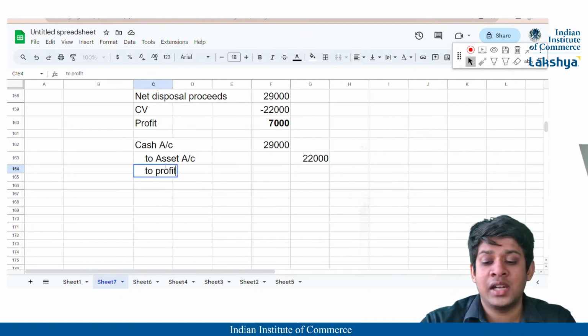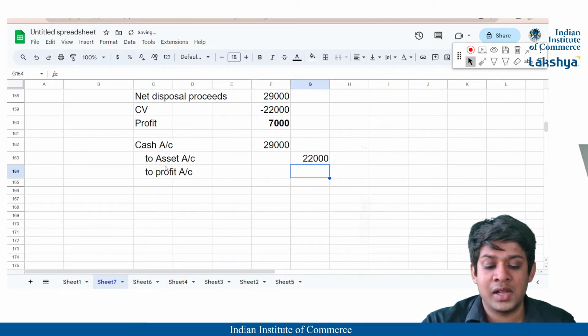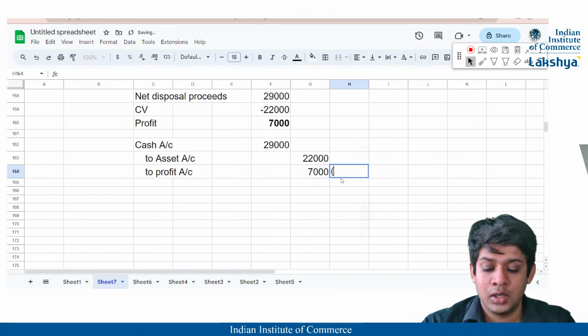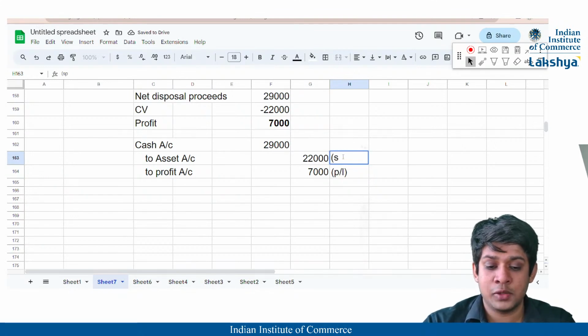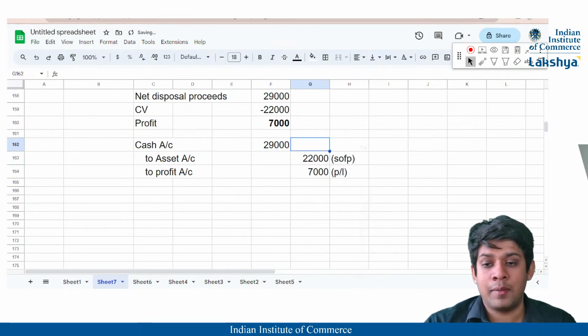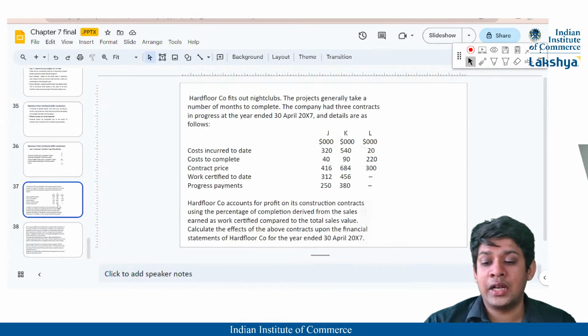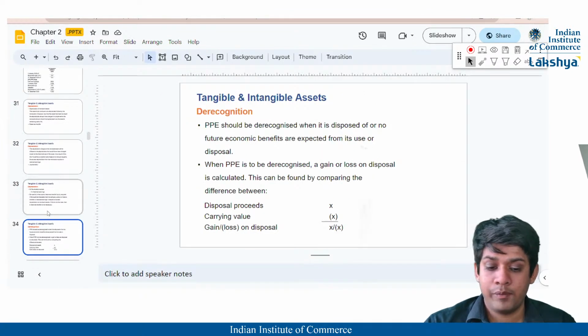The remainder will be stated as a profit within the P&L on the sale of my asset, which is going to be 7,000 as we calculated. This will be removed from the statement of financial position, and this is cash account debit anyway, so that we can directly calculate.